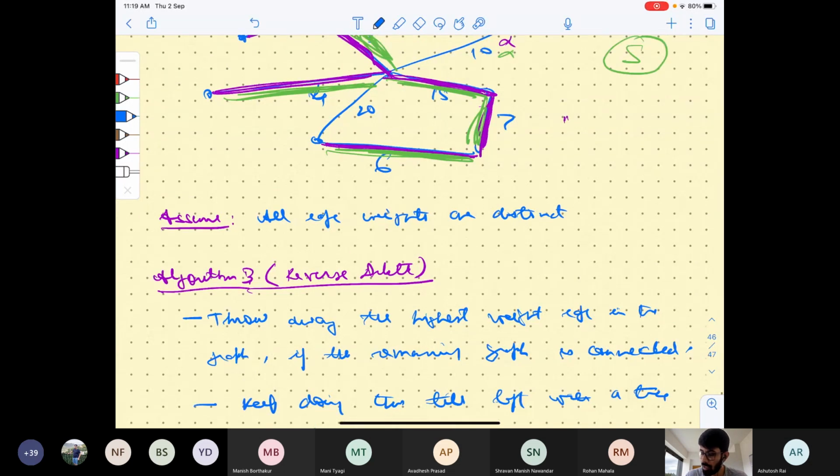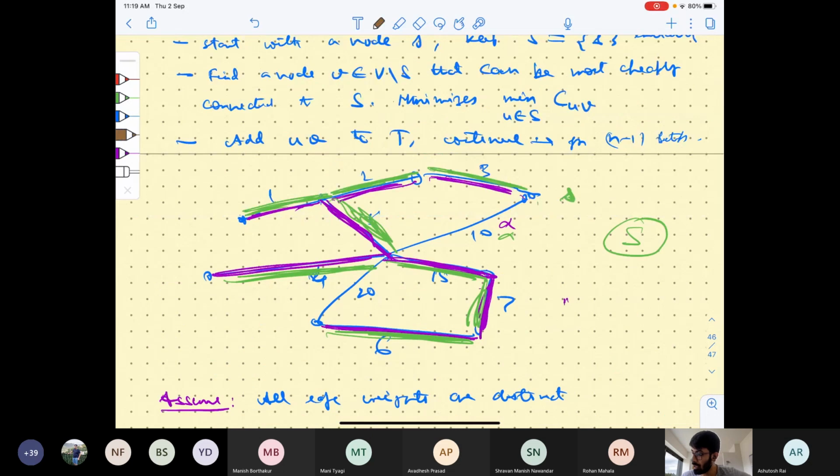So let's also look at its run on this graph that I just made. So it throws away this edge first, because this is 20, this is the highest, and removing this does not make the graph disconnected.